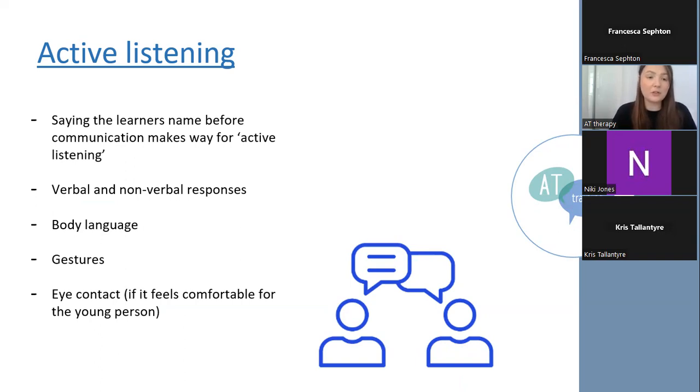So just paying close attention to that will help us notice and look out for active listening. Also, making sure that, again, we say the learner's name before, because that then makes way for the active listening.